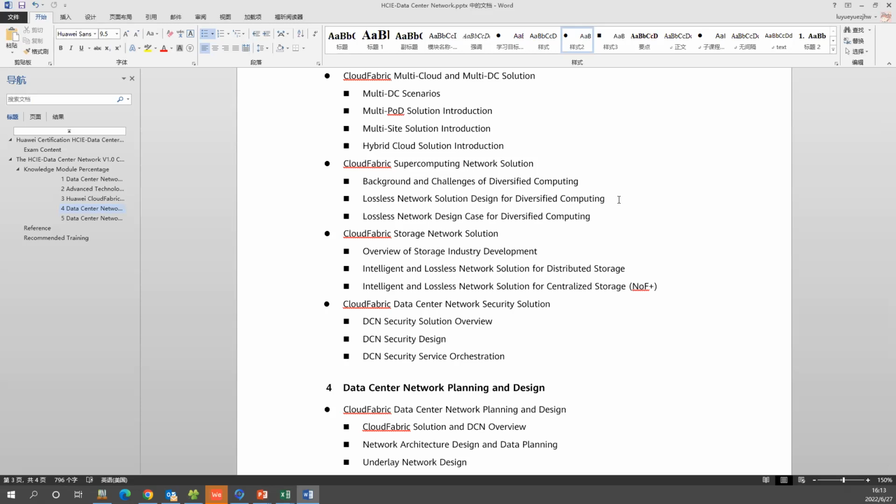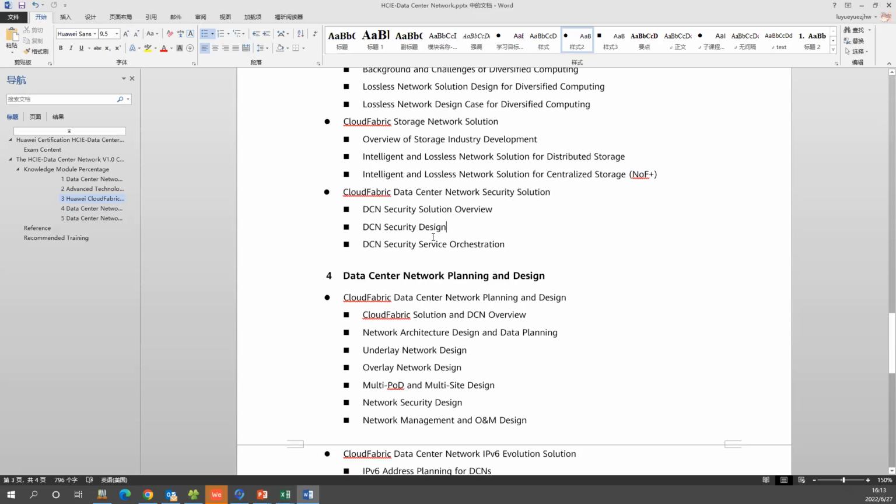In this scenario, we can use the intelligent and lossless technology to meet this requirement. So this solution will talk about how to meet the specific requirement in the computing network. And this talks about how to meet the same requirement in the storage network scenario. And the final one talks about the security solution we use in the DCN scenario.